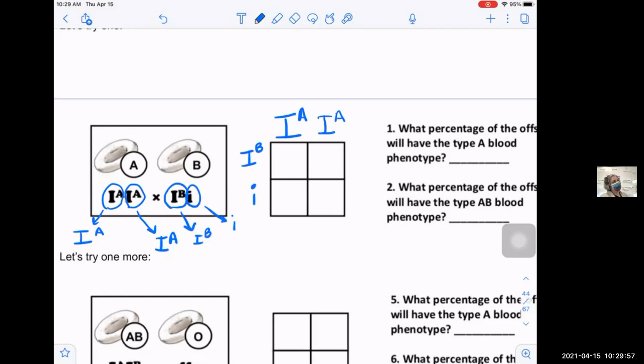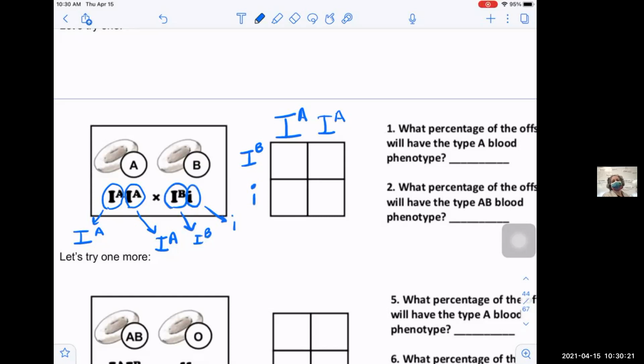All right, so just like every time we filled in a Punnett square, there's some rules that you're gonna have to follow here. So one rule is that A always goes before B. Okay, so if the baby's gonna have an A and a B, A always goes before B. Just like in the alphabet, and we call it type AB blood, we don't call it type BA blood.